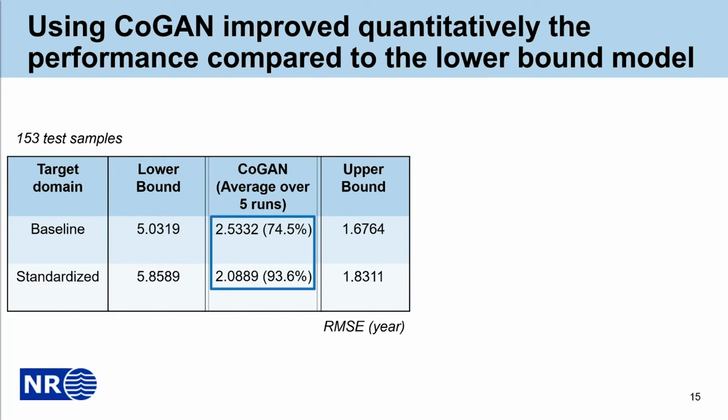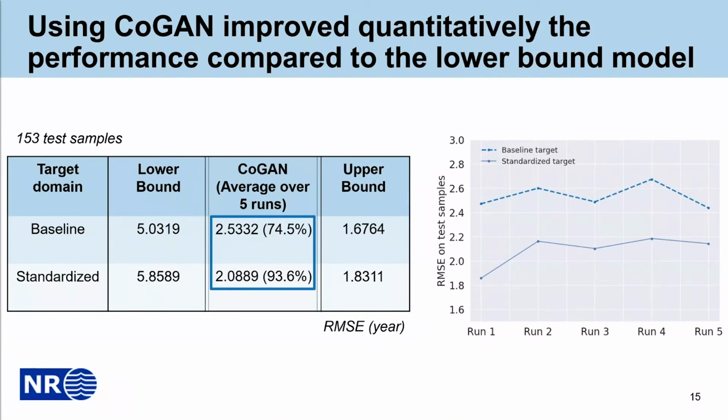The result that we need to take away from this slide is the one highlighted here by the blue rectangle: the standardized domain adapted results are better than the baseline. As you can see with the numbers indicated in brackets, we achieve a better error reduction rate from the lower bound model with the standardized data.